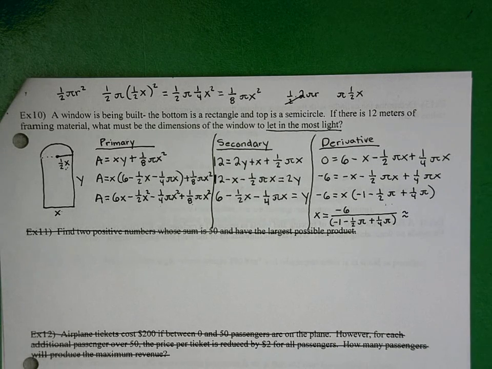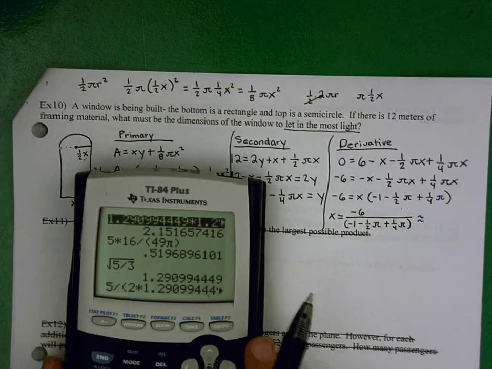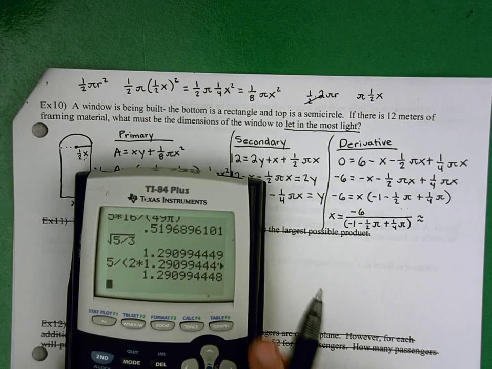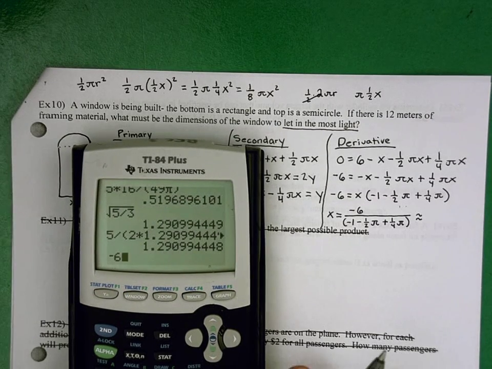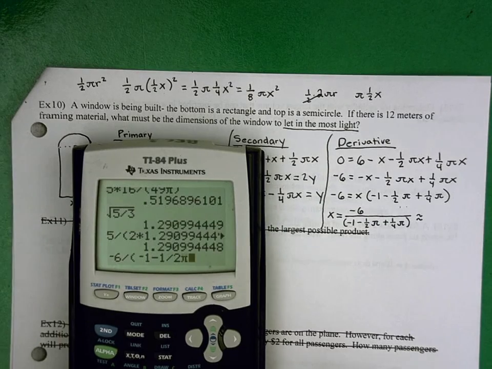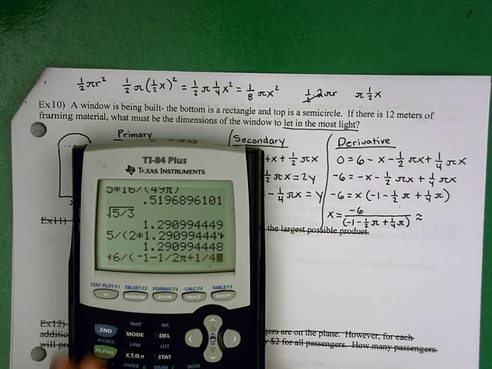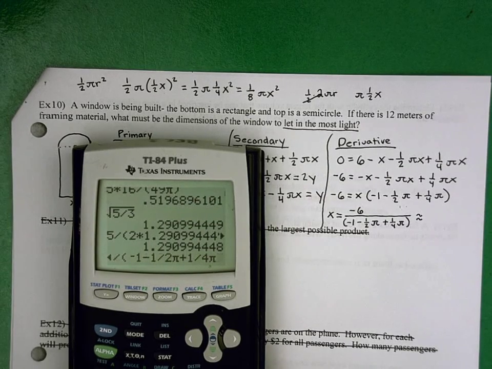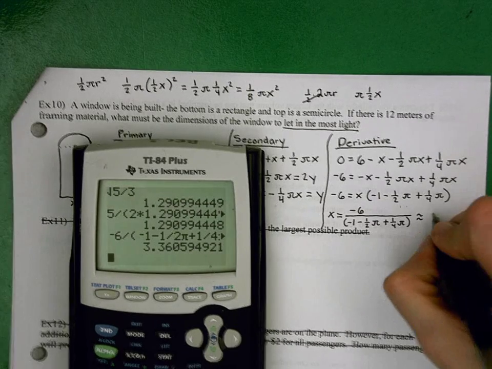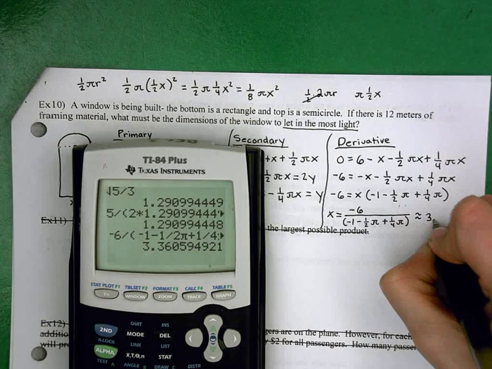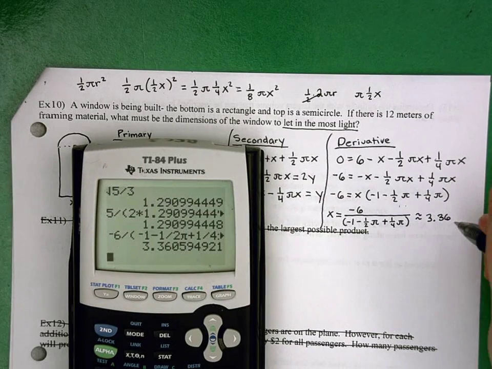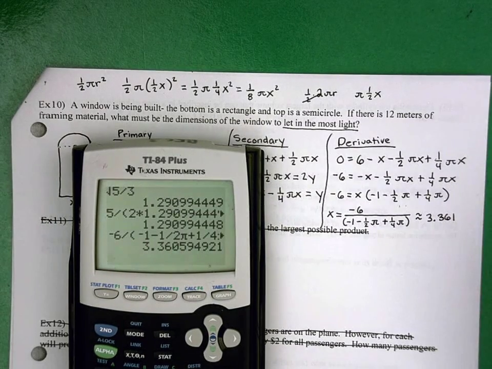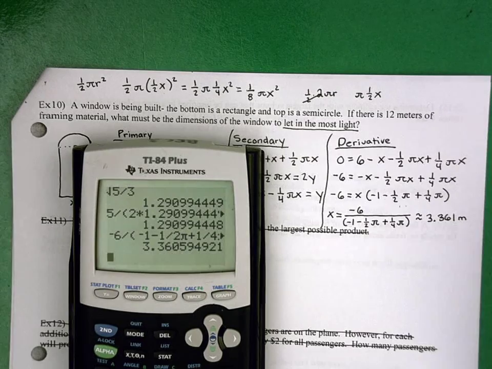So you do want to make sure parentheses are put around them. Okay, so here we go. We've got our -6 divided by parenthesis -1 minus 1/2 pi plus 1/4 pi, which gives us about 3.36, and then you can either call it 3 or round up and call it 4. And my units in this case are meters.